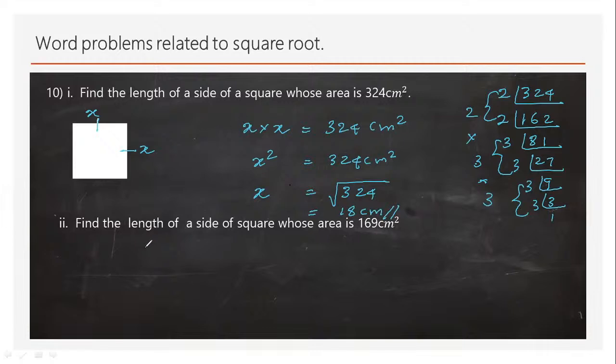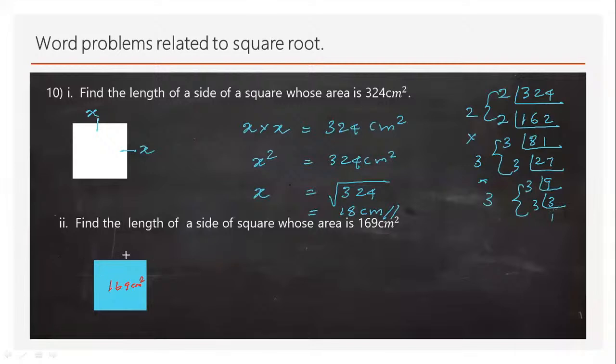Find the length of the side of a square whose area is 169 square centimeter. Right. We'll see how to do this. The square is there. The area is 169 square centimeter. So you have to find the side length.